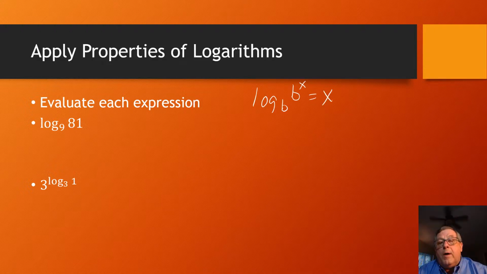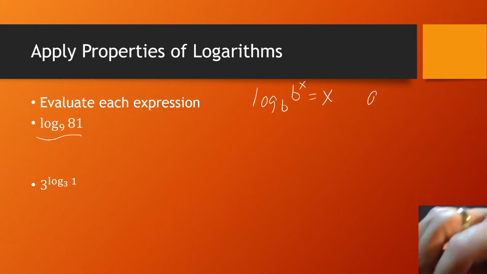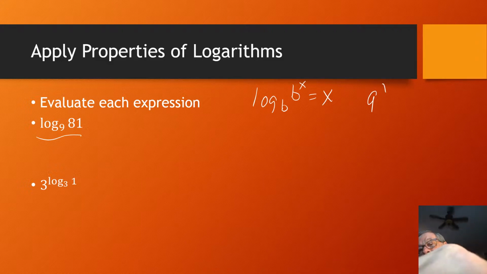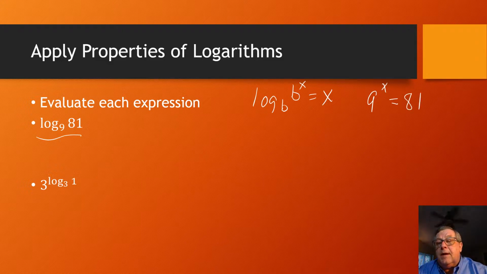Now, another way to look at this, if I were to look at this expression, log base 9 of 81, and if I put that in exponential form, then I would be at 9 raised to the power of x equals 81, because logs and exponentials are inverses of each other.